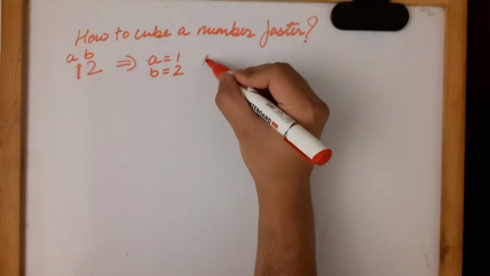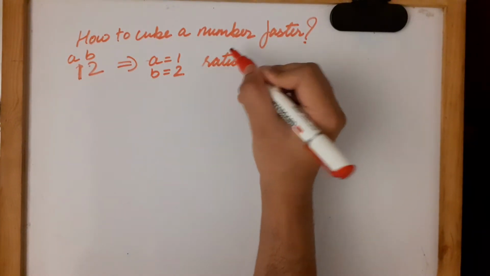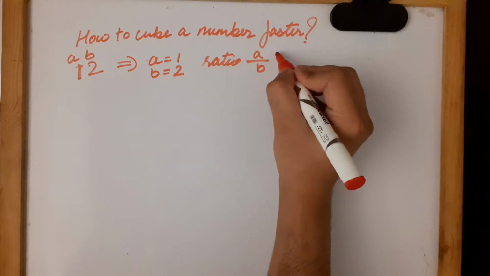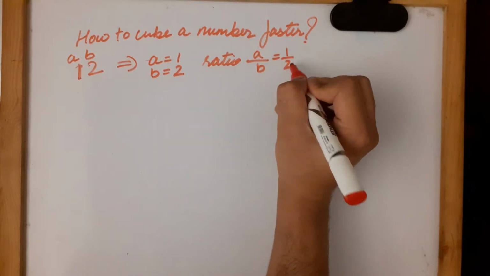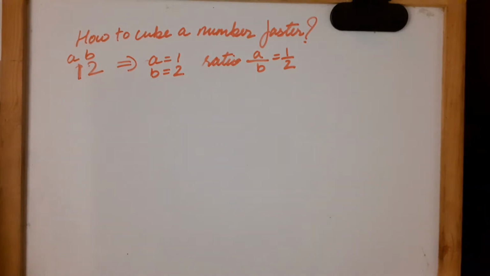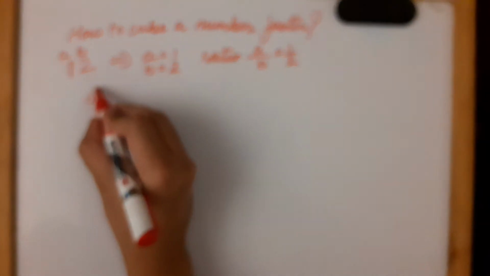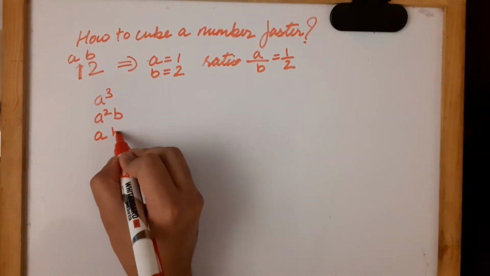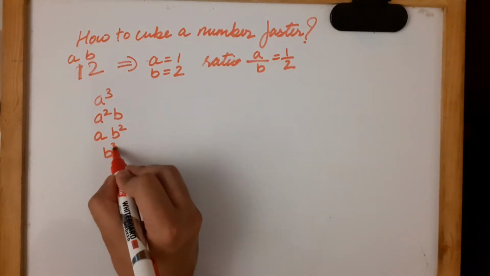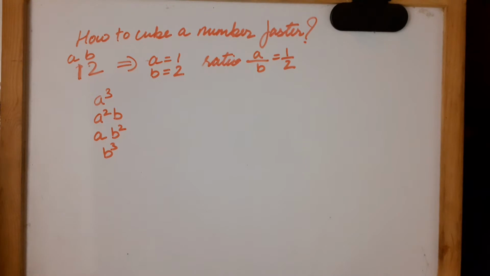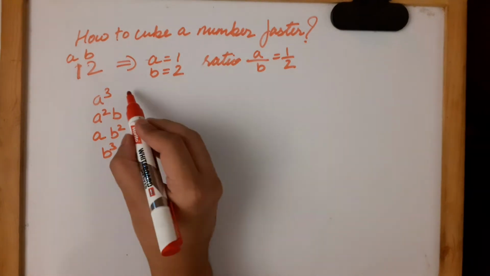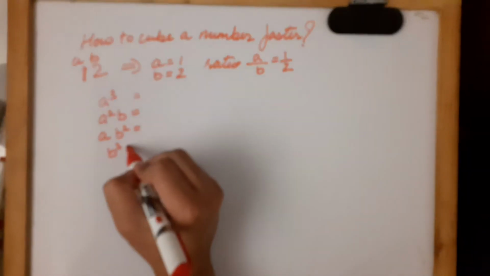Then you have to do is ratio is a upon b, and that is 1 is to 2. Okay, now what you have to do is you have to find out the cube of a. We have 4 terms: a cube, a square b, a b square, and b cube. What is a cube?